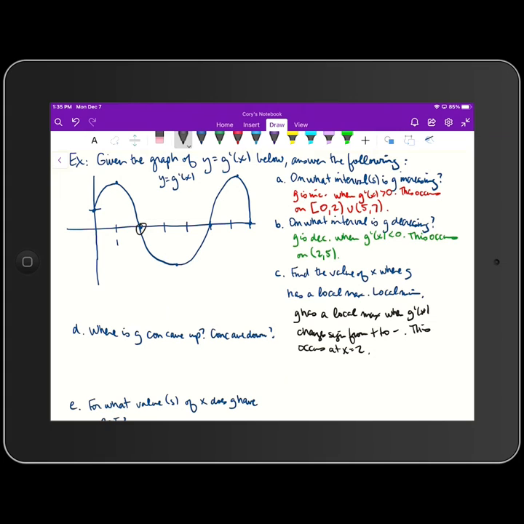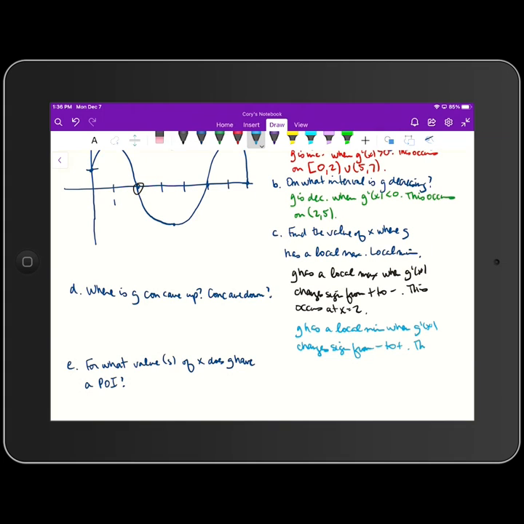Okay, let's do the local min. I'll do that in light blue. So G has a local min by definition when G prime of x changes sign from negative to positive.